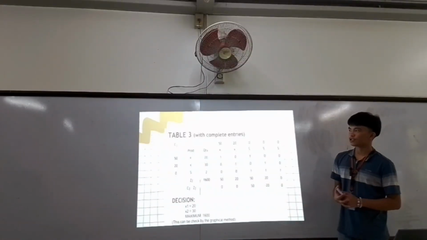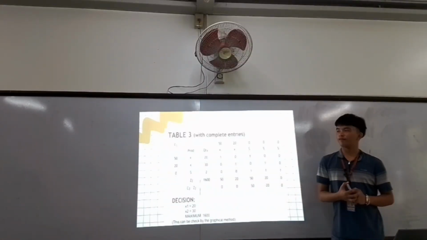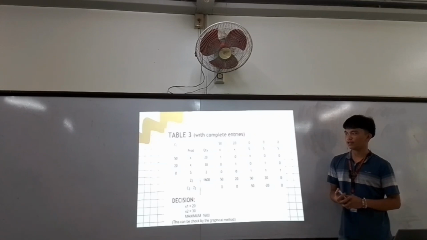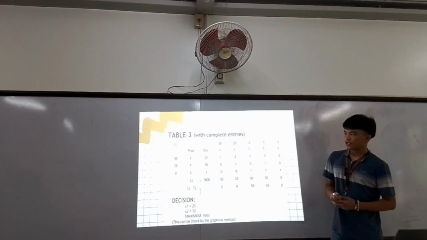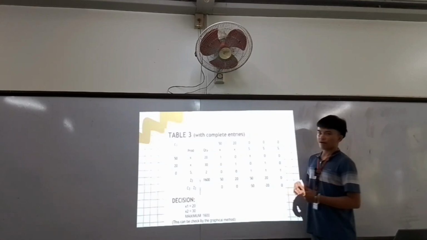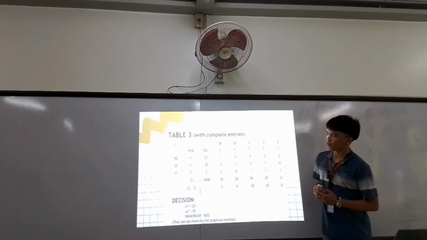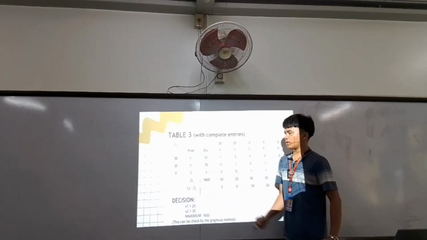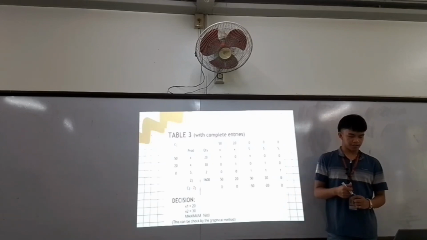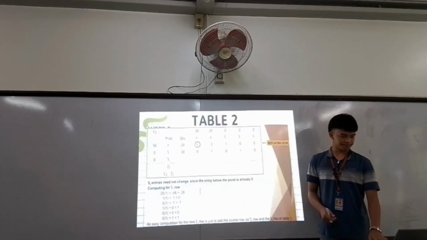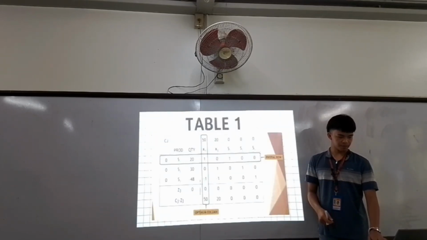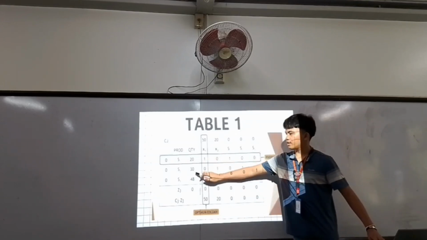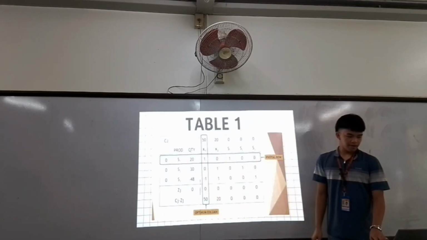Now that we have constructed table 3, let's move on to table 3 with complete entries. As you can see, after we construct from table 1 to table 2 up to 3, our variables become smaller. On table 1, we have 20, 30, and negative 48.